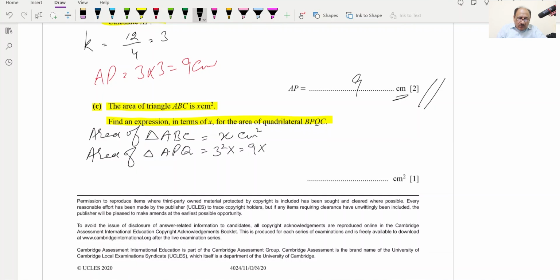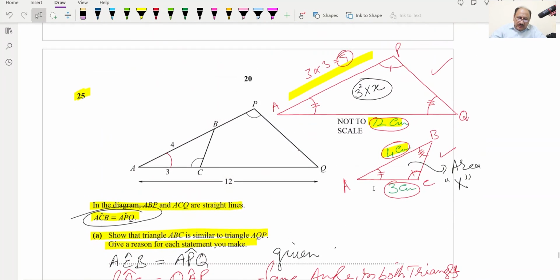Now they are saying area of quadrilateral BPQC. So area of quadrilateral BPQC will be equal to 9x minus x, because this triangle's area is subtracted from the total one to get the quadrilateral area.